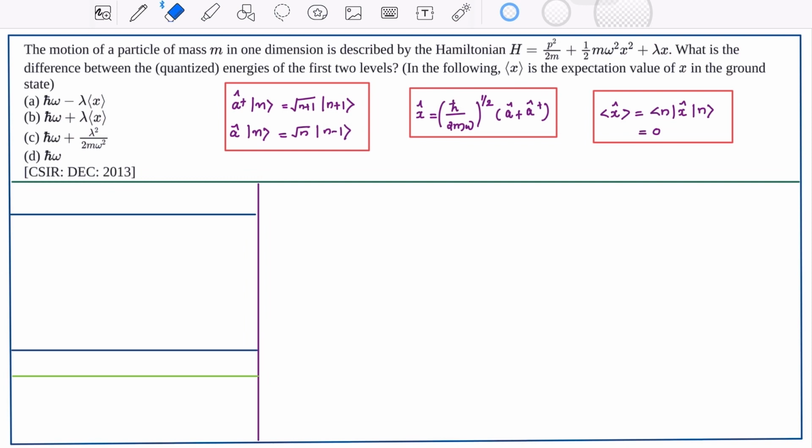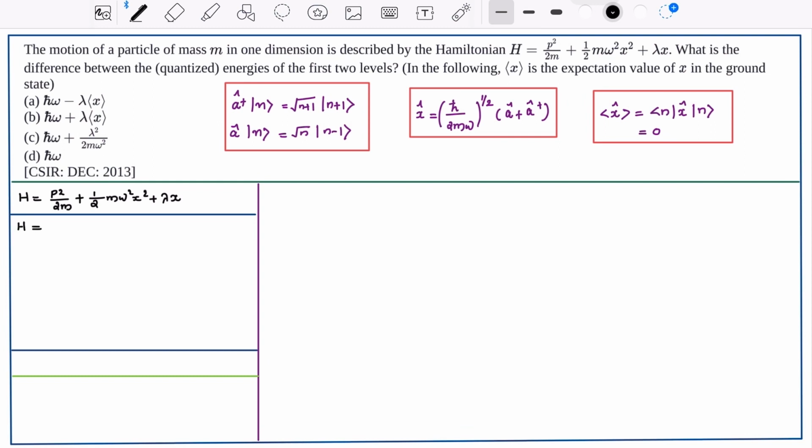Here the Hamiltonian is given by p square by 2m plus half m omega square x square plus lambda x. Here we can see that the Hamiltonian contains a perturbation lambda x. That is, the total Hamiltonian is equal to p square by 2m plus half m omega square x square plus lambda x, where lambda x is the perturbation.